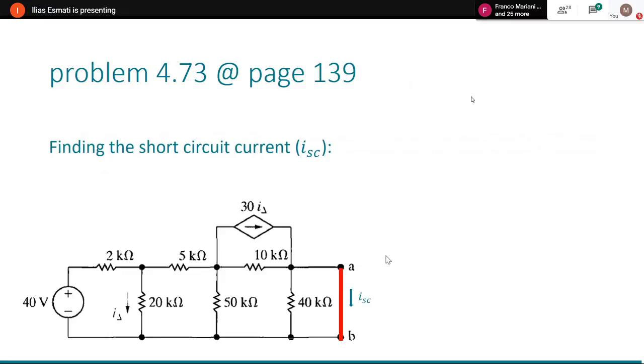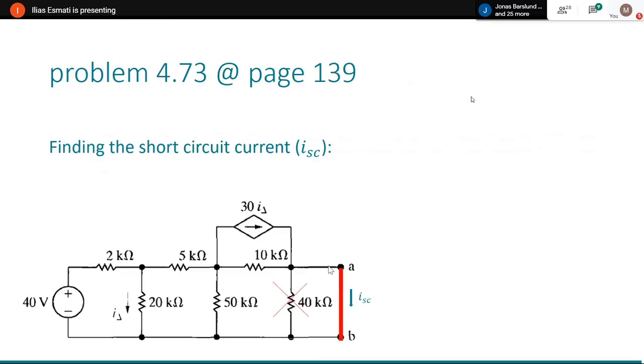So short circuit current, what does it mean? The moment you put a short, the resistor which is in parallel gets in trouble. Why? Because the moment you put a short, current wants to go through the path of least resistance. Well, this piece of wire has almost no resistance.